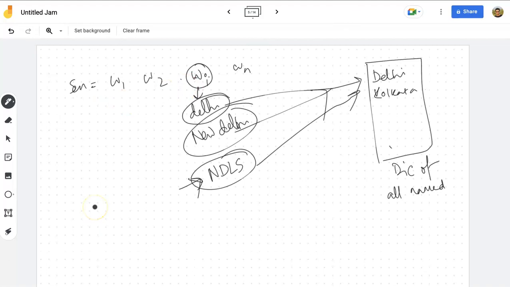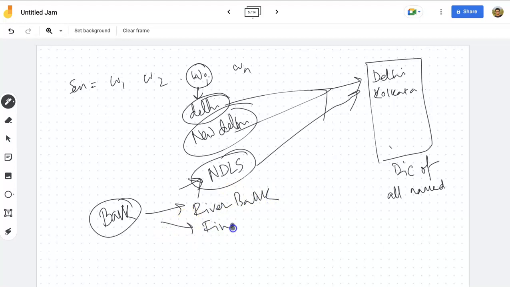Can you think of an example? There can be multiple examples. Suppose a word can be used in multiple sentences in different contexts. The common example is the word bank. Without any context, this can be mapped to some kind of river bank, or maybe the financial institution. So there can be two possibilities without any context.